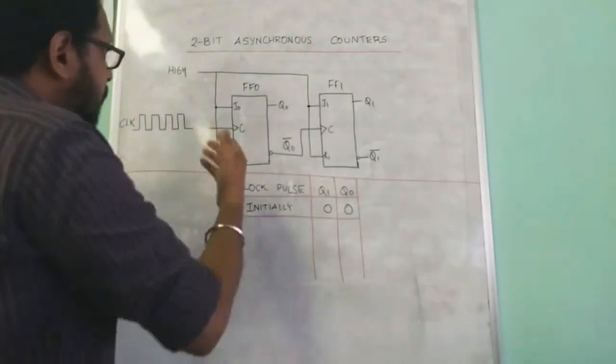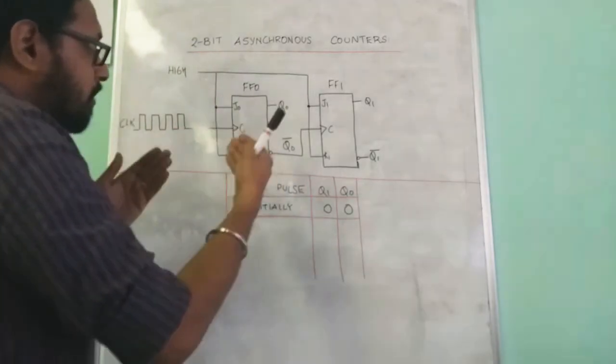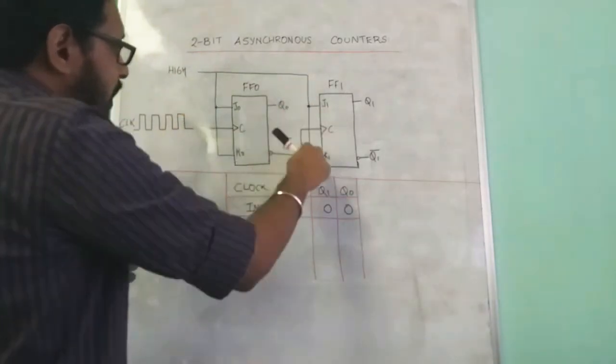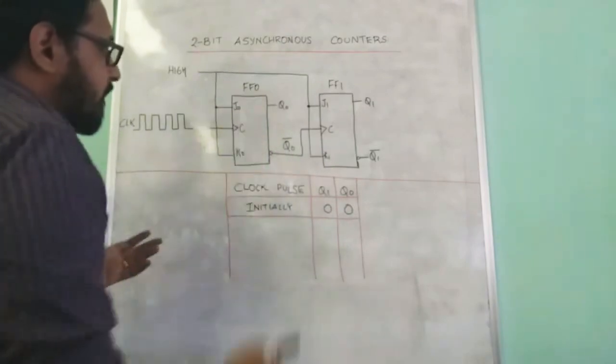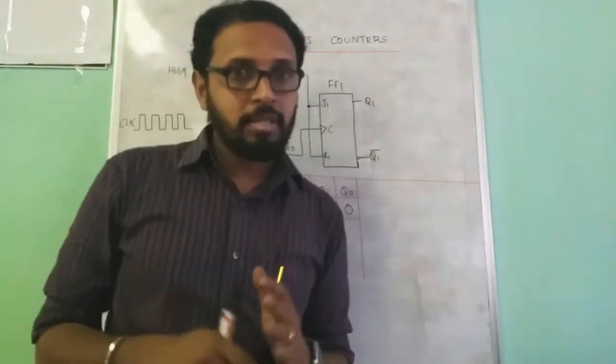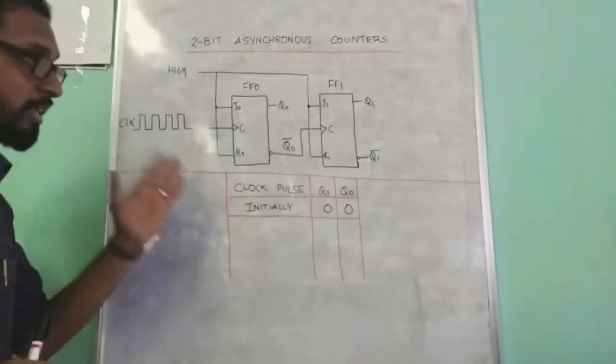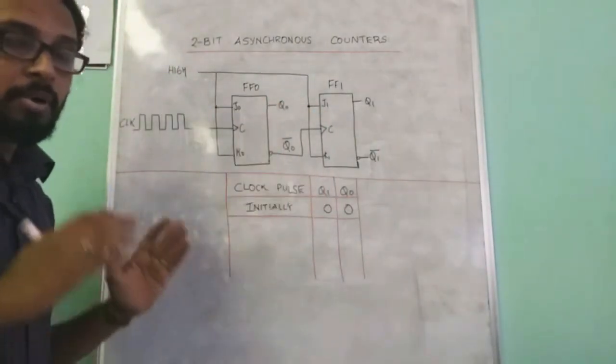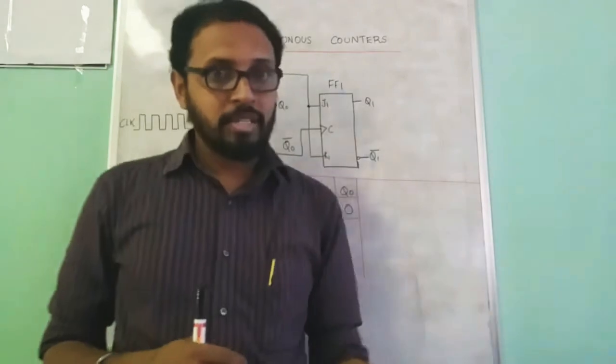We have given a high to both J and K in both the cases. For drawing these cases this is enough, but the operation part is what I am going to explain.